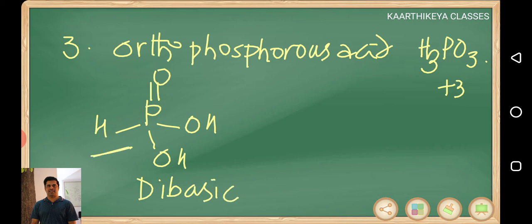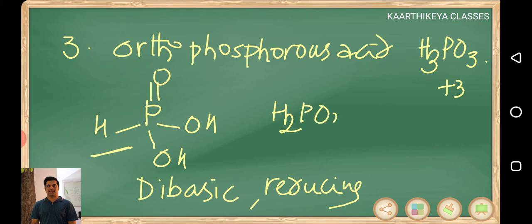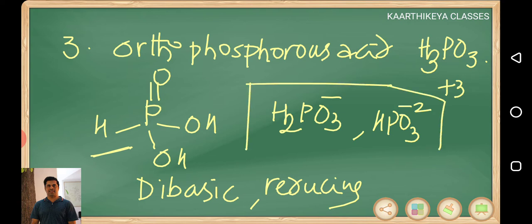A P-H bond is there, so it is a reducing agent. Reducing agent as well as dibasic acid. Name is orthophosphorus acid. And two types of salts you can see here. Dibasic, so remove one by one: H2PO3 minus, HPO3 minus 2. Two types of salts. Orthophosphorus acid, H3PO3.